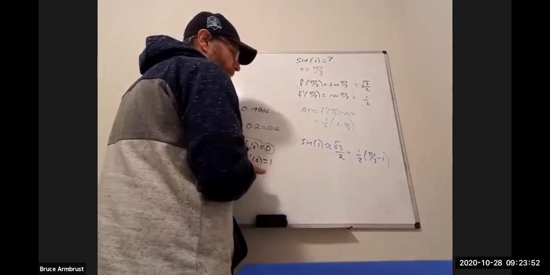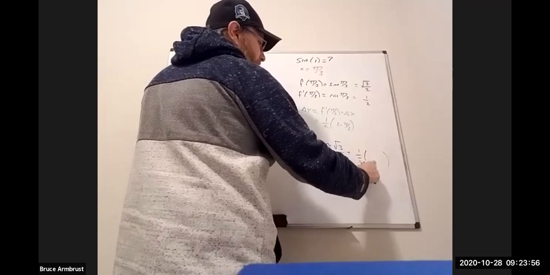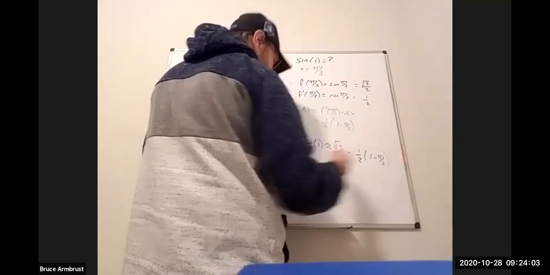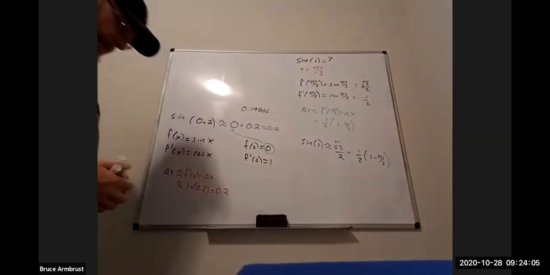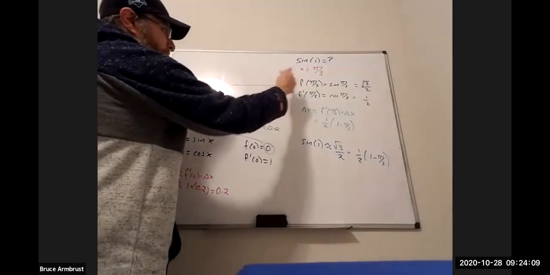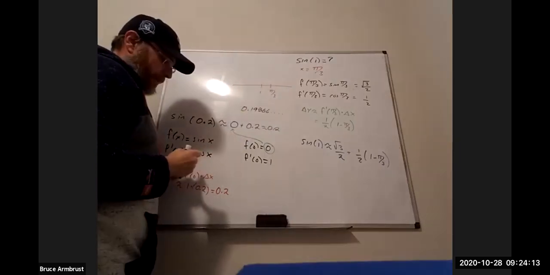Yeah, that makes more sense. That was definitely the mistake I made, because 1 is to the left of pi over 3. So we're actually doing a negative step. Here on your real number line, guys, here's pi over 3, and here's 1.